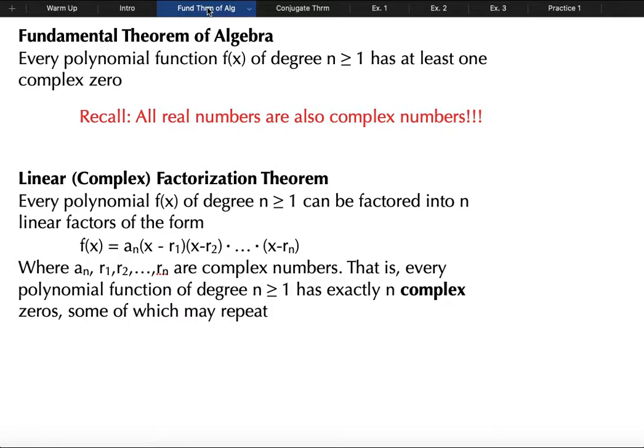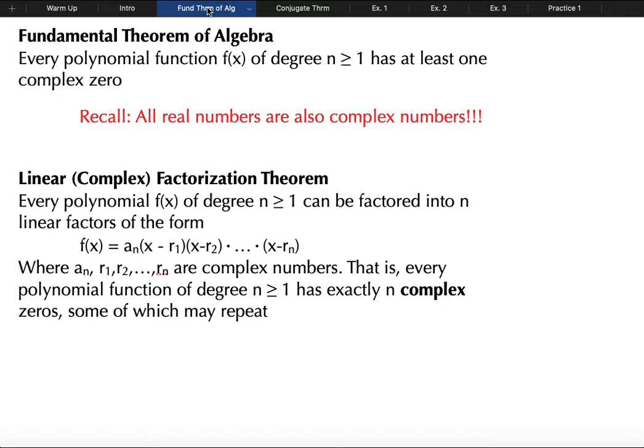It says that every polynomial function f of x of degree n greater than or equal to 1 has at least one complex zero. So in the past, the degree of the function would tell you at most how many real zeros the function has.